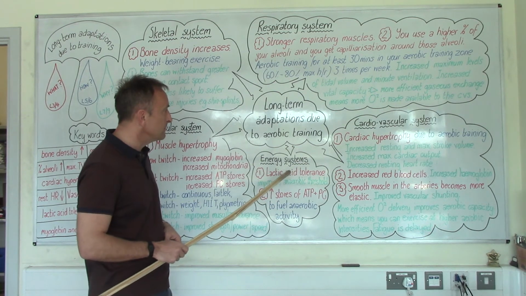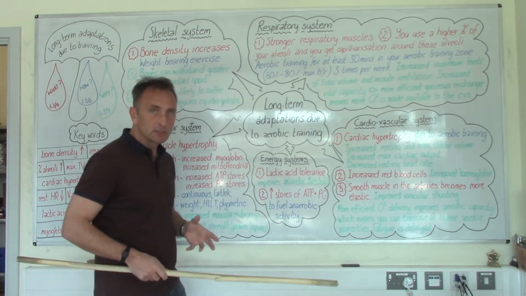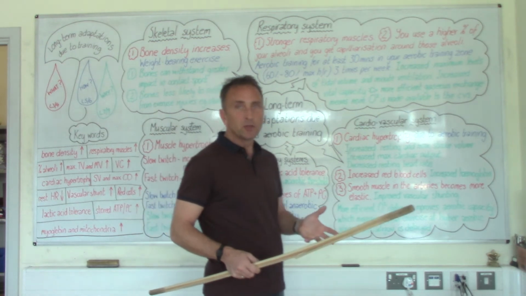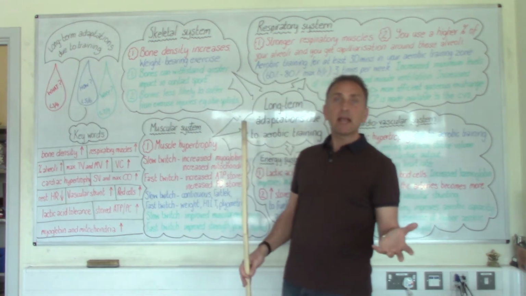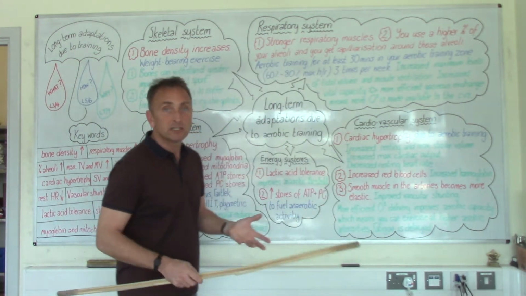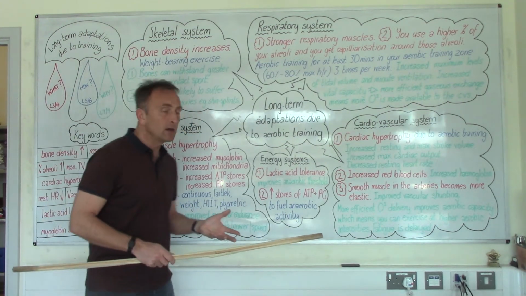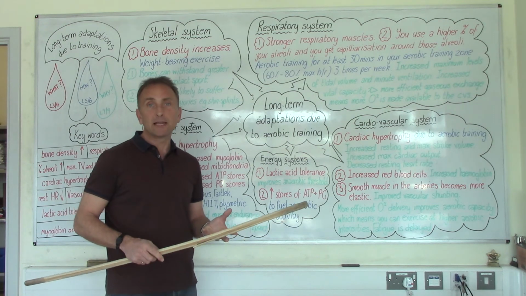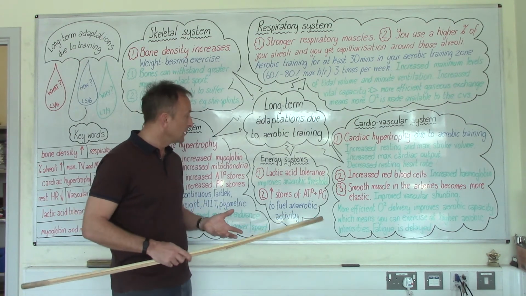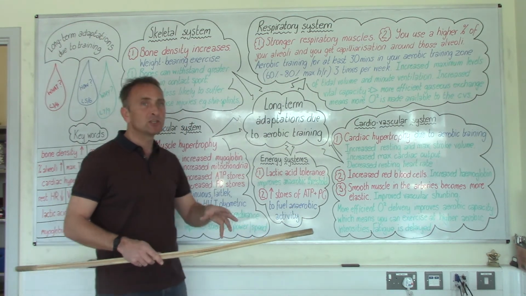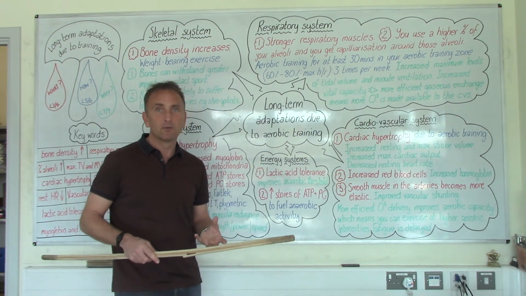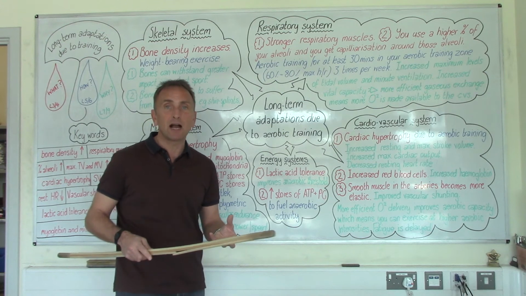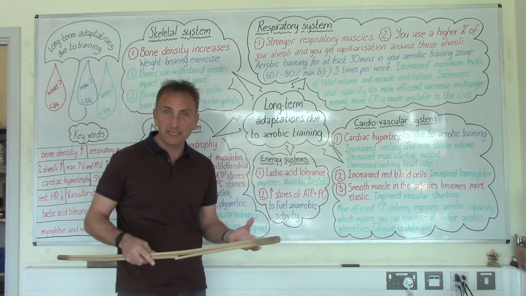Last system is energy systems. So again, the energy system you improve will depend on the type of training that you're doing. If you're doing aerobic training, then obviously it's going to be your aerobic energy system that improves. What does that mean? It means that you can tolerate higher levels of lactic acid, which again means that you can work at higher intensities before fatigue sets in.